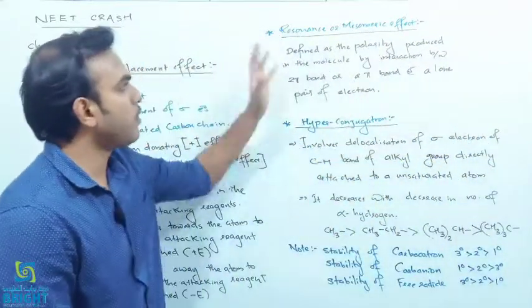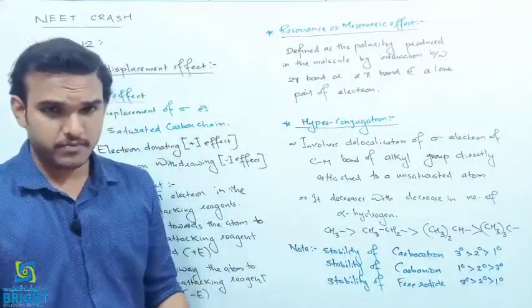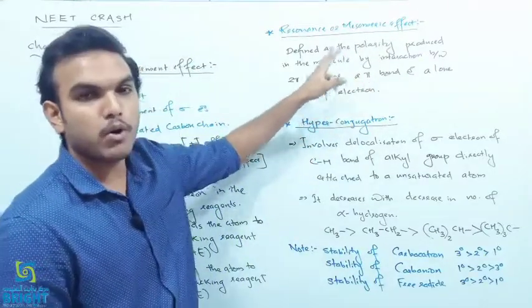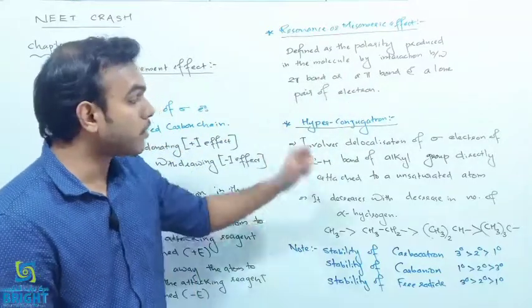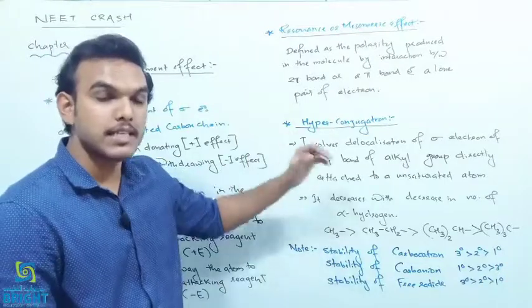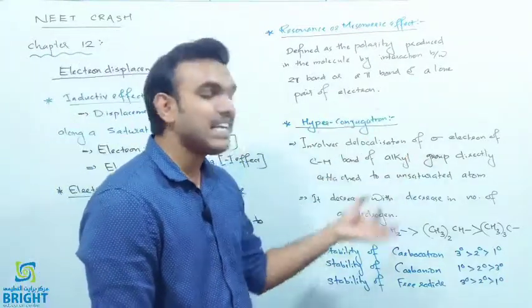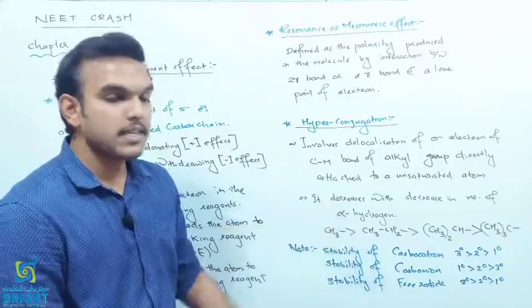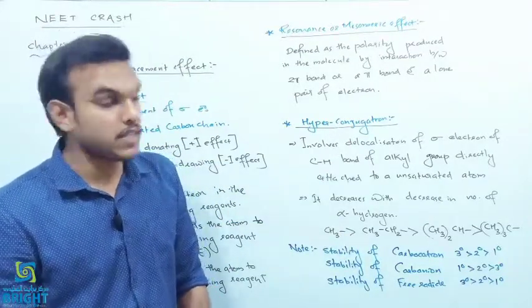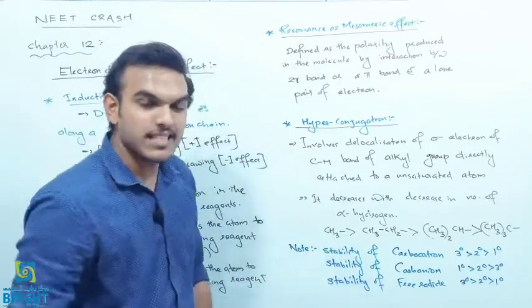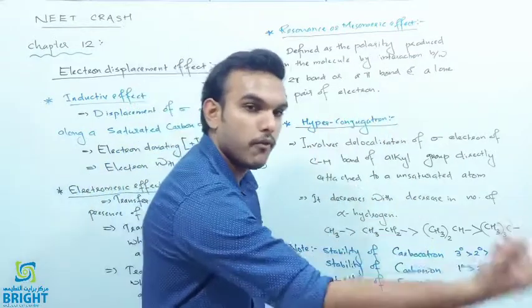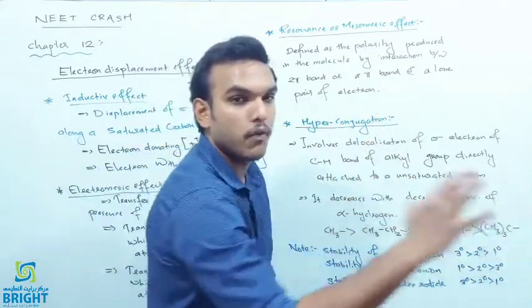Then we discussed the resonance effect. It is formed by the difference in the polarity of two pi bonds, or a pi bond and a lone pair of electrons. Hyperconjugation involves the delocalization of sigma electrons in a C-H bond of an alkyl group directly attached to a carbon atom. It decreases with the decrease in the alpha hydrogens. With fewer carbons, CH3 first, then CH2, then secondary, then tertiary, this is the order.